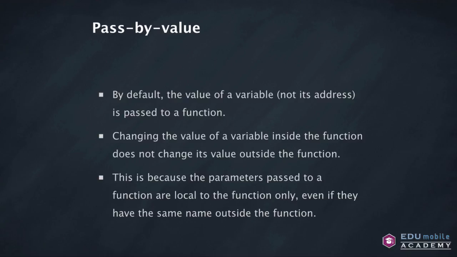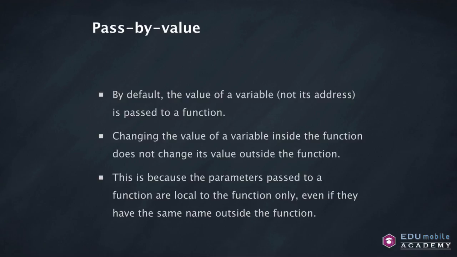By default, when we pass a parameter to a function, we are passing the value of that variable, the value of that parameter. So let's say if a equals 2, and we say that we're passing a, we're not passing a, we're passing 2.